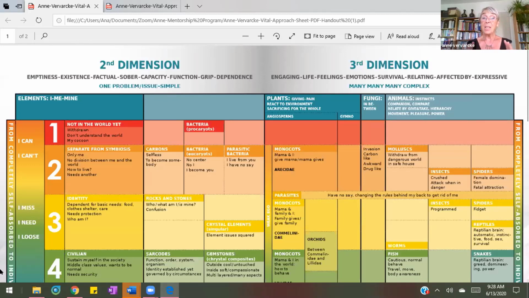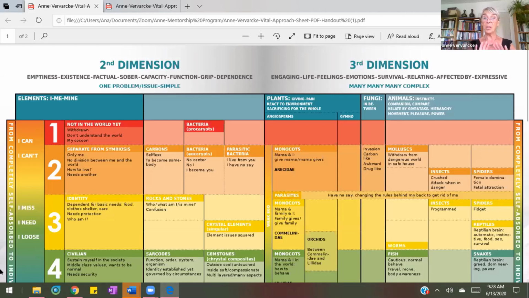Usually your 2nd dimension cases are more simple compared to the more complex 3rd dimension, and very often there's only one issue or one problem. It's more factual, more sober, less emotional. The 3rd dimension is all about emotions and feelings.